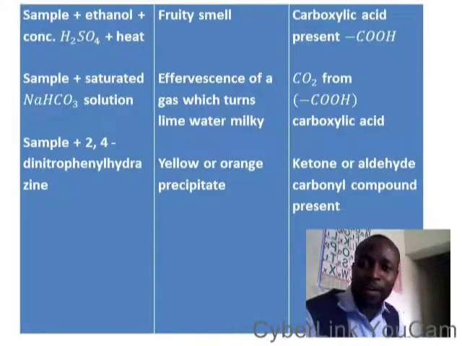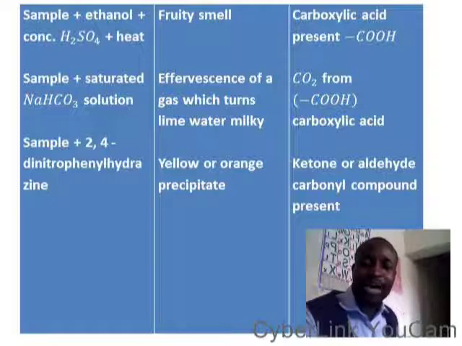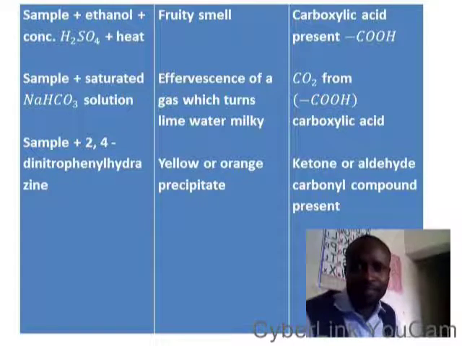Look at this one now, plus ethanol, you have fruity smell. If you have fruity smell with ethanoic acid, an alkanol is present. If you have fruity smell with an alkanol, a carboxylic acid with functional group COOH is present.